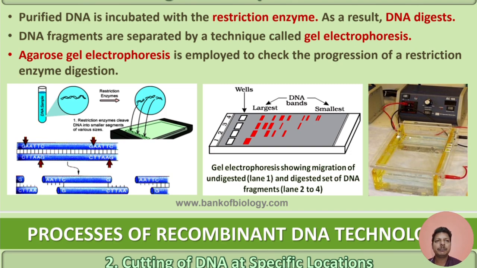As I told you, electrophoresis works like a sieve. So the largest particles stay near this portion and the smallest ones go to this portion. The DNA bands are there.